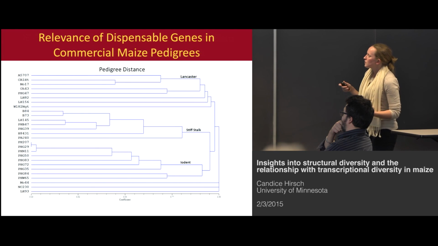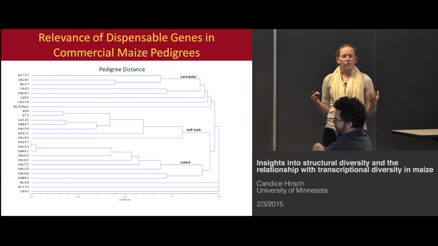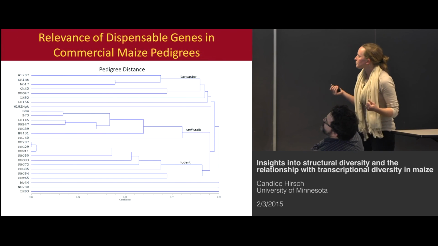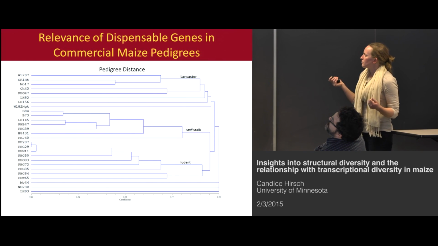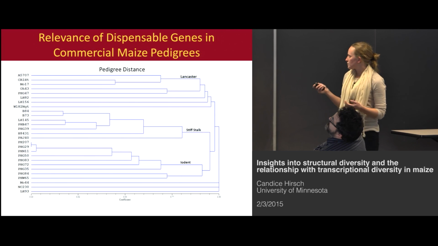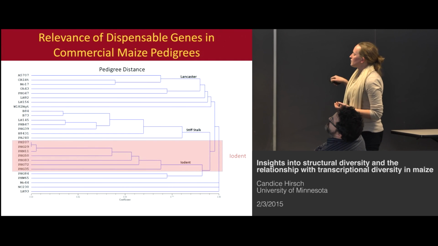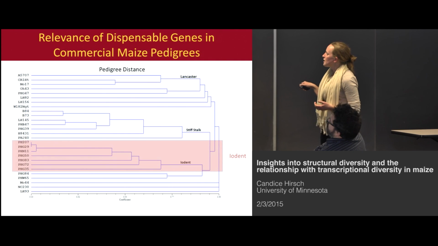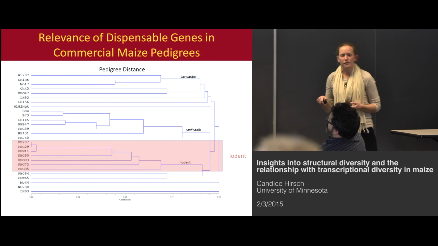Okay, so what does this mean for commercial germplasm? And when we think about generating corn hybrids, the 35 lines that I've been alluding to actually represent various heterotic groups, and one of them that's well represented is the iodent germplasm.